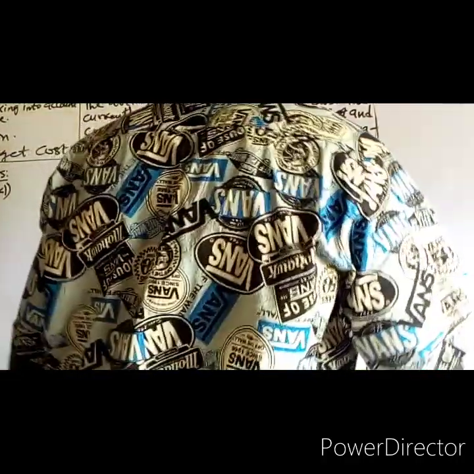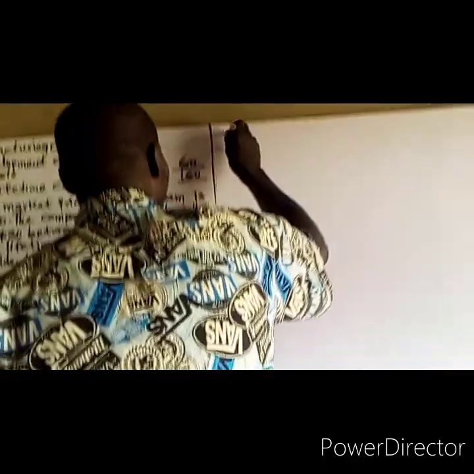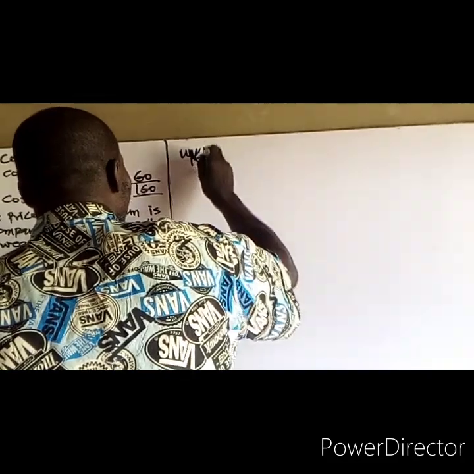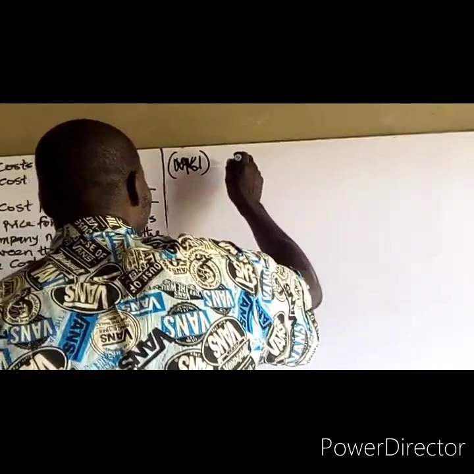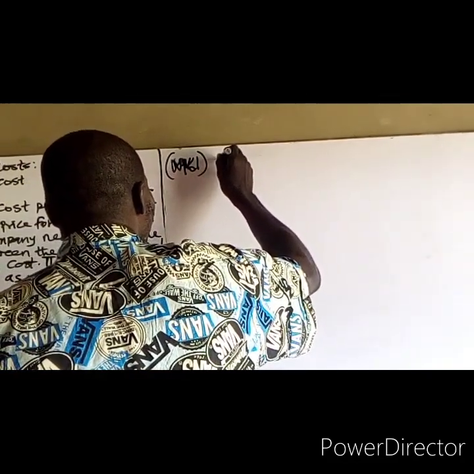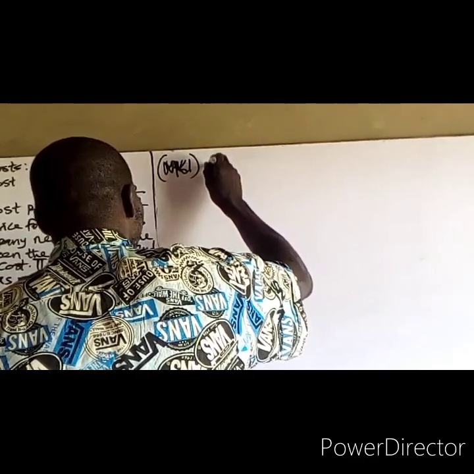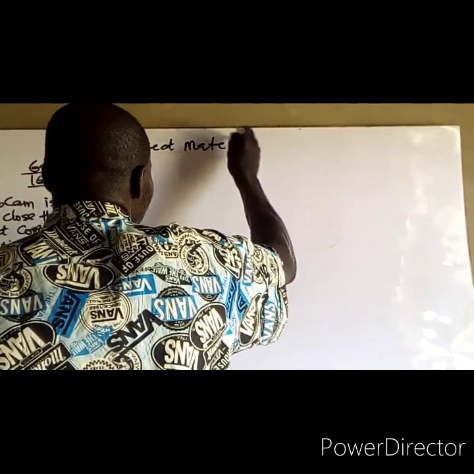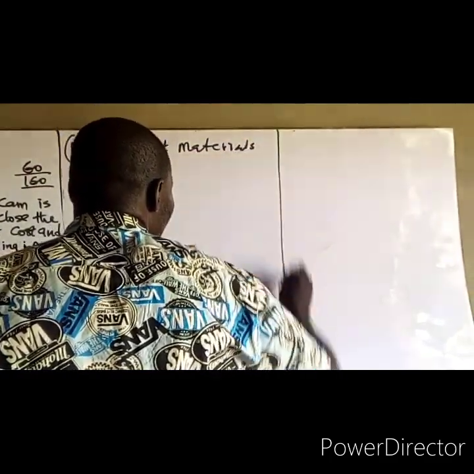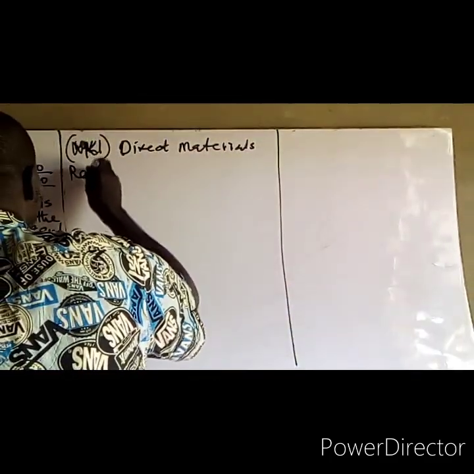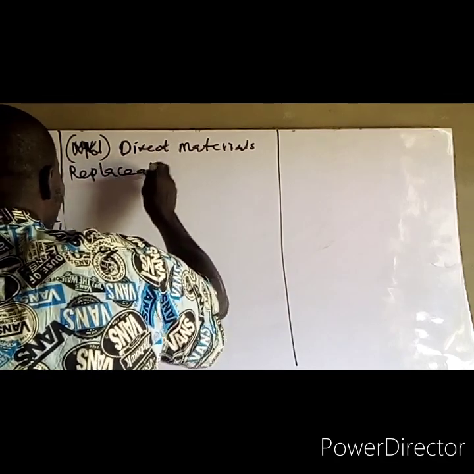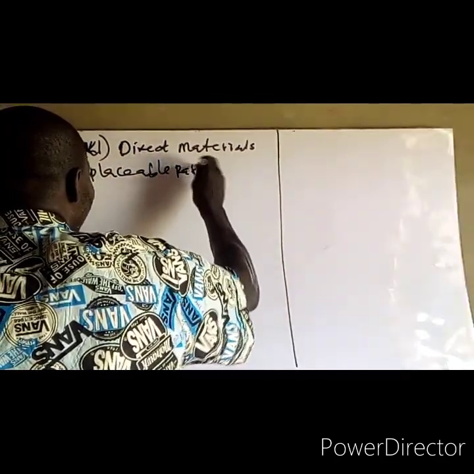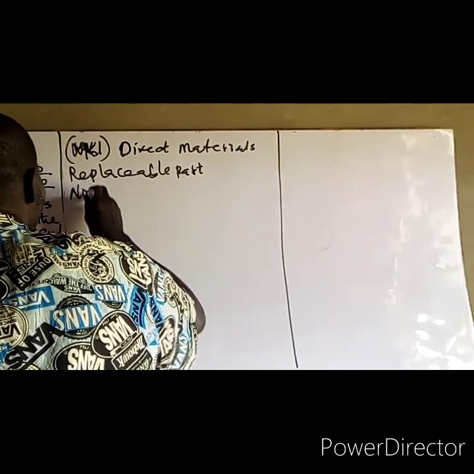We have the bespoke part, that is direct material, working 1, which will be divided into 2. We have the replaceable part and the non-replaceable part.